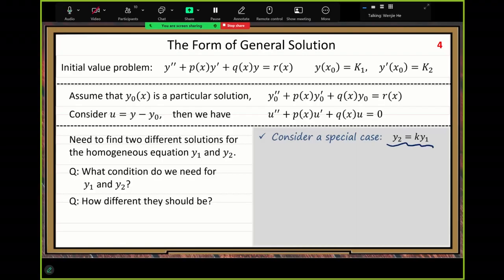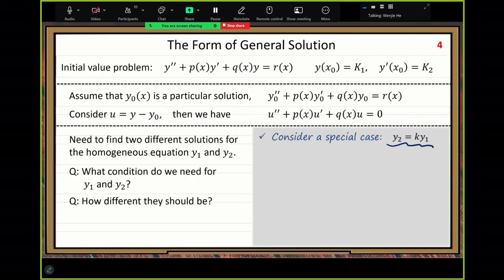Because y2 is a linear form of y1, K times y1, a linear relationship. y2 is linear with respect to y1. They are linearly dependent.